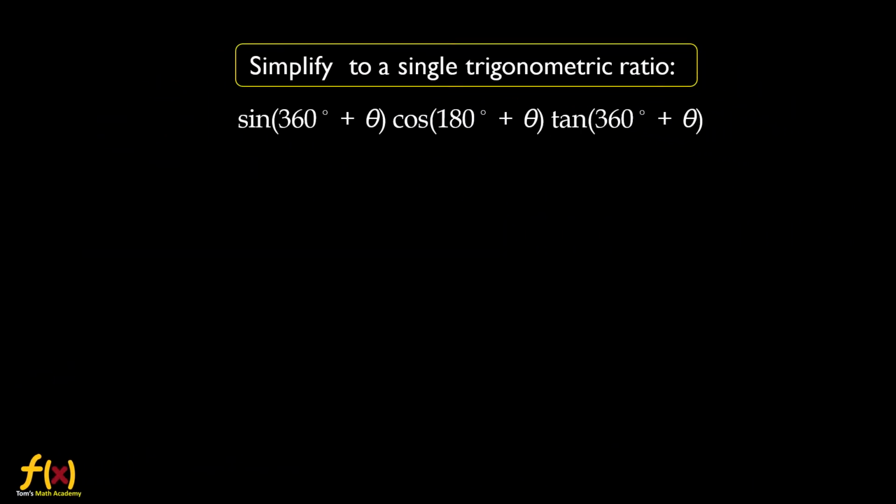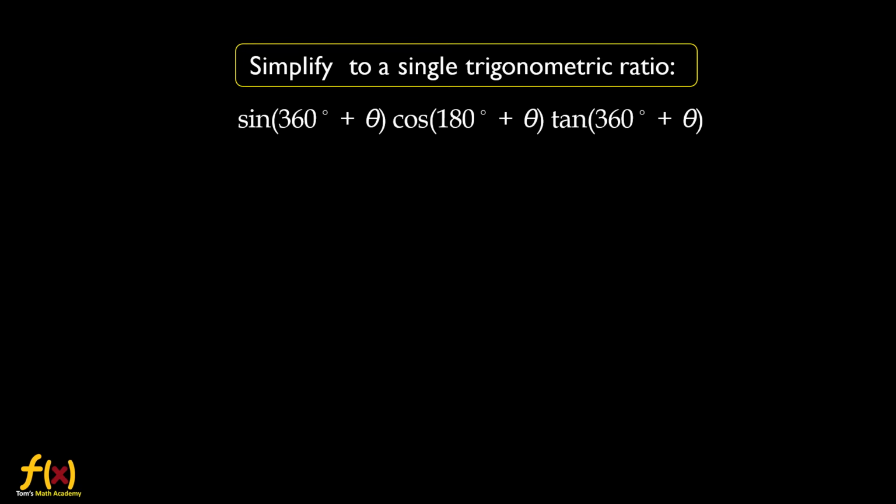Simplify to a single trigonometric ratio. We have three ratios here and we have to simplify into a single trigonometric ratio. That is the question. Sine of (360 plus theta). What is that angle?